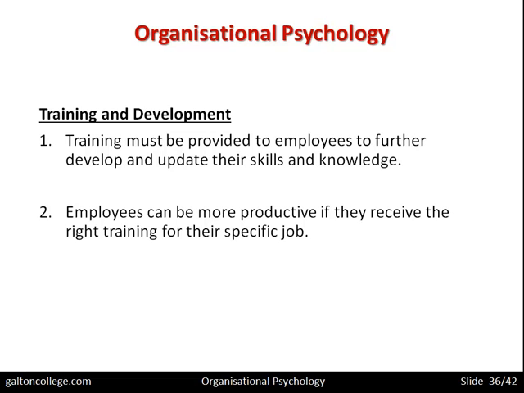Employees can be more productive if they receive the right training for their specific job. So the onus is on the HR department to ensure that the employees are trained and given adequate training to perform the tasks. It's unfair to expect the employees to perform well if they haven't been trained in the task, if they really don't know what they're doing.